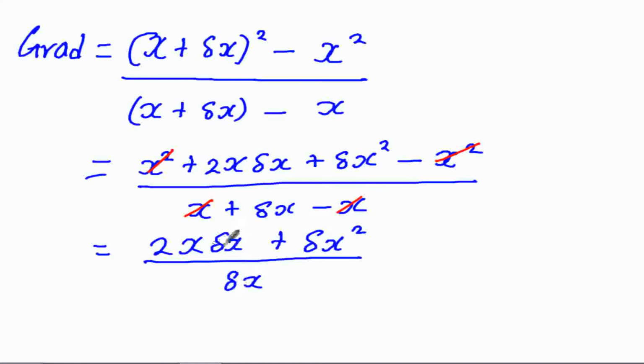This small change in x divides that and we remain with only 2x, and it also reduces this and we remain with 2x plus small change in x.